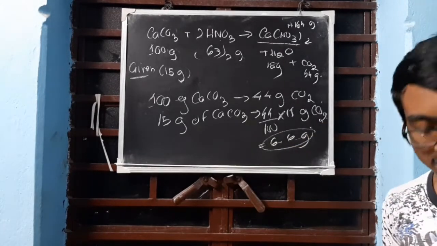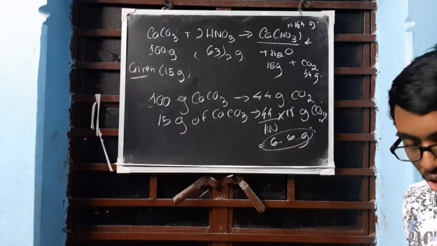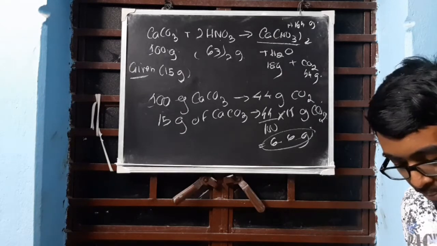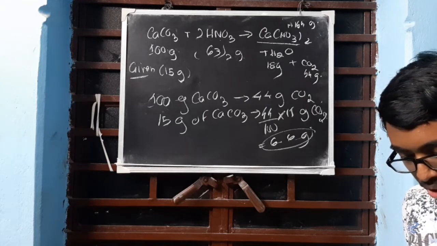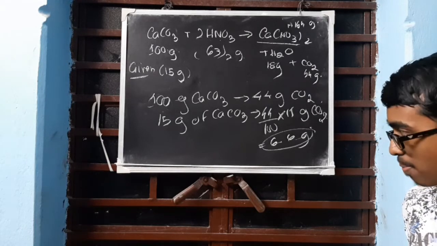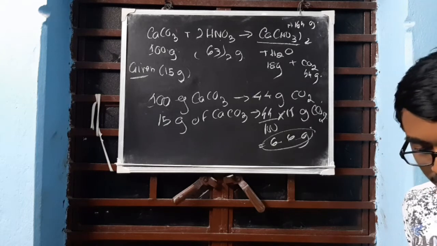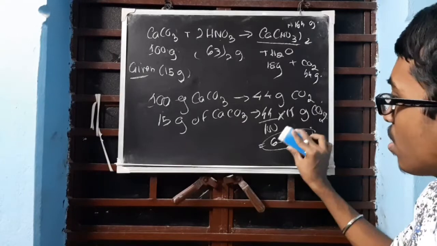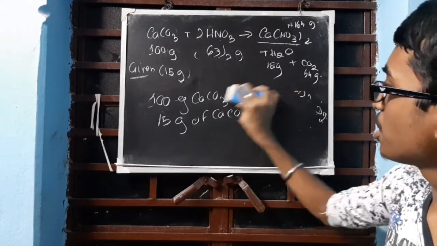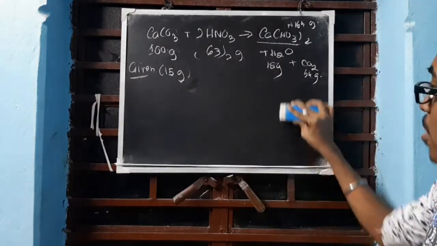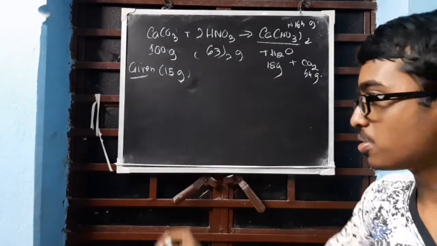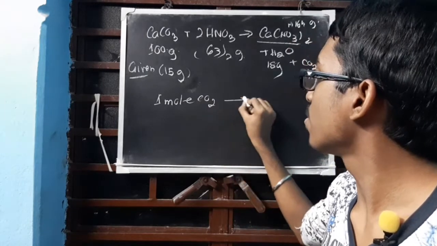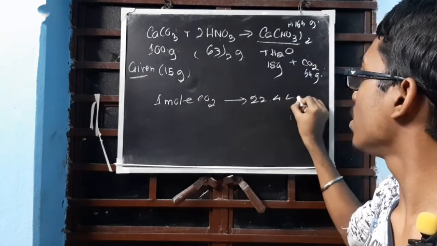So 6.6 gram. Now 44 occupies how much? 22.4 liter. How much will this much occupy? 22.4 divided by 44 multiplied by 6.6, 3.36. Clear? Understood? This 6.6 we got from here, but we are not asked about mass. We are asked about volume. 1 mole CO2 occupies 22.4 liter.